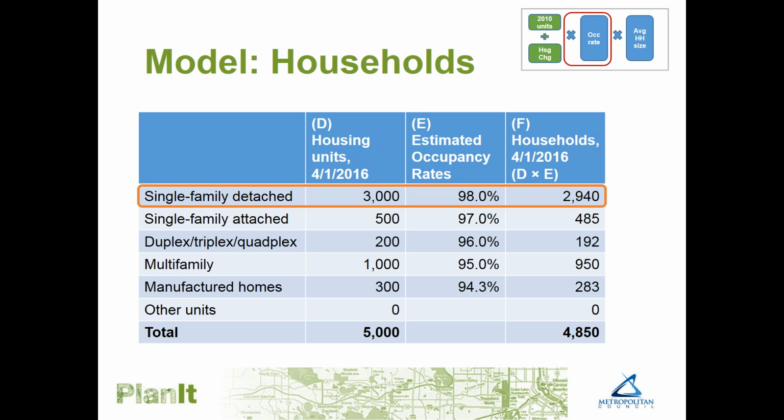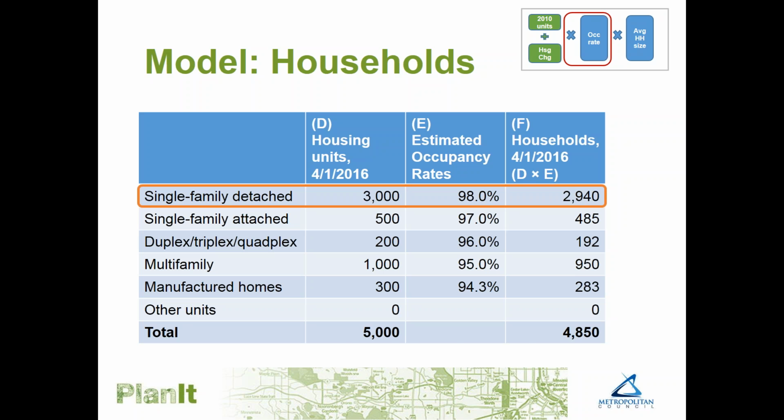And you can see here how the detail on housing types helps the estimates be more precise. We can take advantage of that detailed data on housing type and the different occupancy rates associated with them to get a better picture of the overall occupancy rate. So the majority of units in this community are single-family units, which tend to have pretty high occupancy rates.